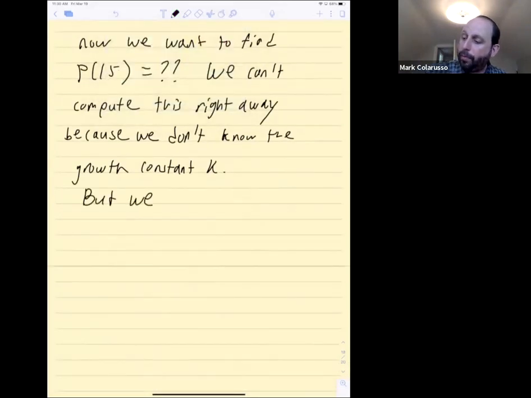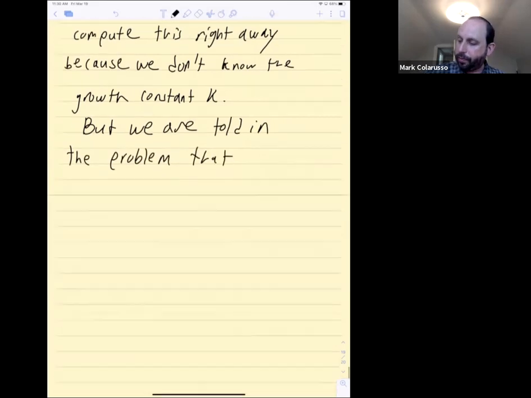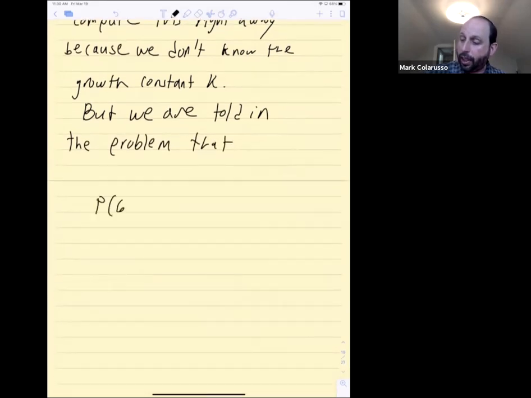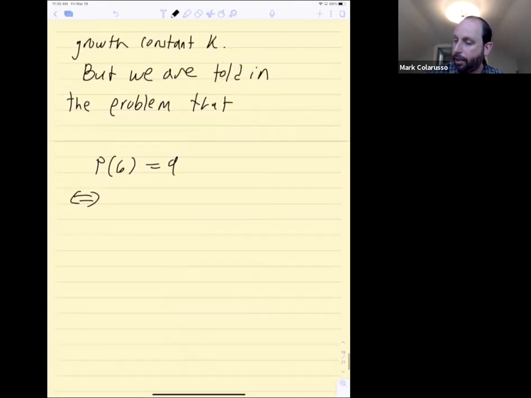But we are told in the problem that P of 6 is equal to 9. That's the same thing as saying that e to the 6k is equal to 9.